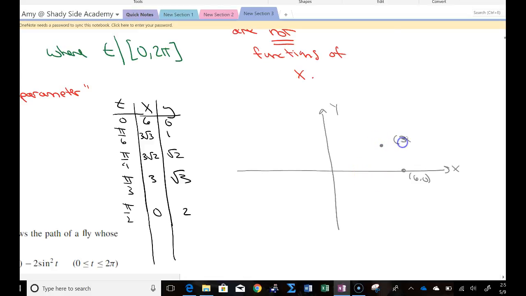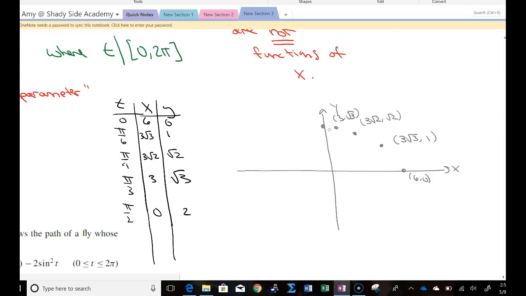This is 3 radical 3, 1. 3 radical 2, 3 radical 2, or a little bit higher. Okay. 3 radical 3. Pardon my lack of artistic ability, and 0, 2.